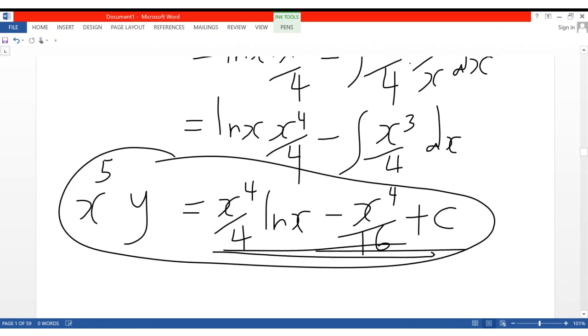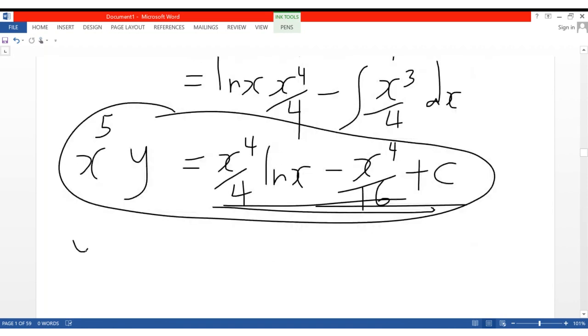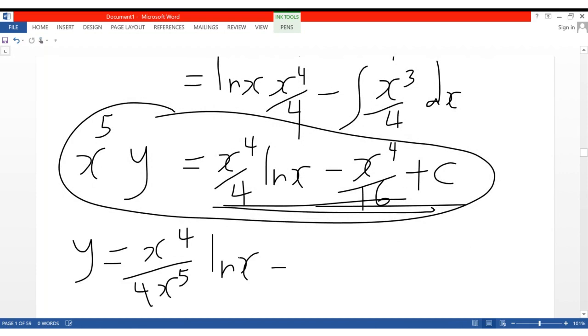So if you want to make y the subject of the formula, you can divide throughout by x to power 5 if you want. So 4x to power 5 ln x minus x to power 4, 16x to power 5 plus c all over x to power 5. And you can use some laws of indices to get an answer like this one.